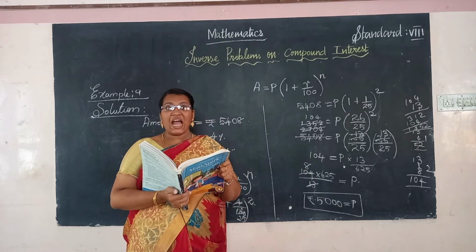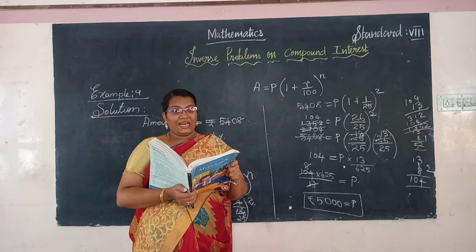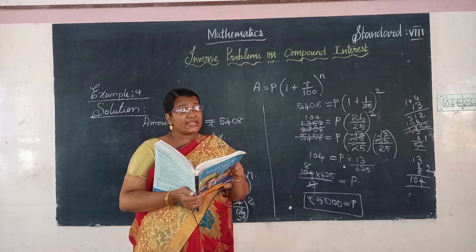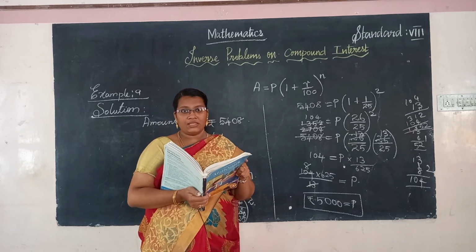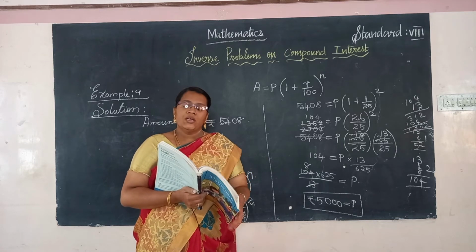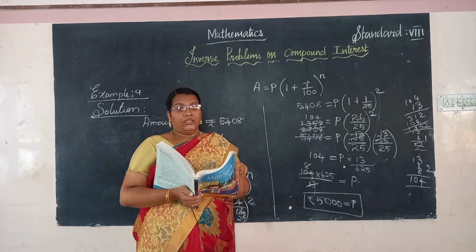We can easily identify the principal amount and the amount because the principal amount is less than the amount. The amount is the greater value because it contains the interest value also. So carefully write the principal amount and amount.